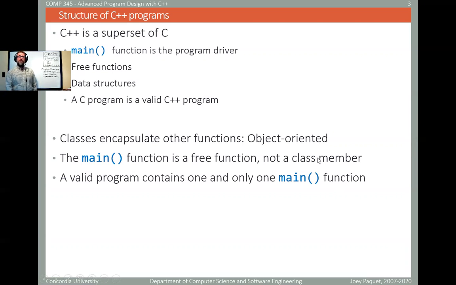Very important to make that distinction between C++ and Java. It is still a main function, but should not be a member of a class. And you can have only one. You must have one and only one main function defined in any program. If you define more than one main function, the compiler is going to tell you that you have a redeclared or redefined main function.